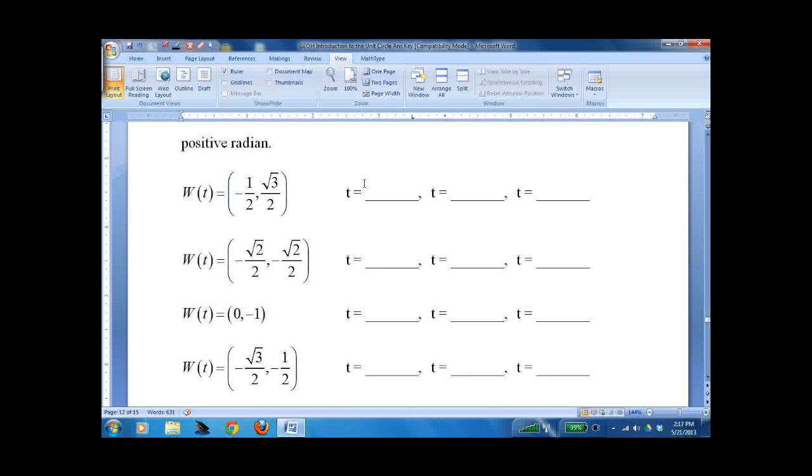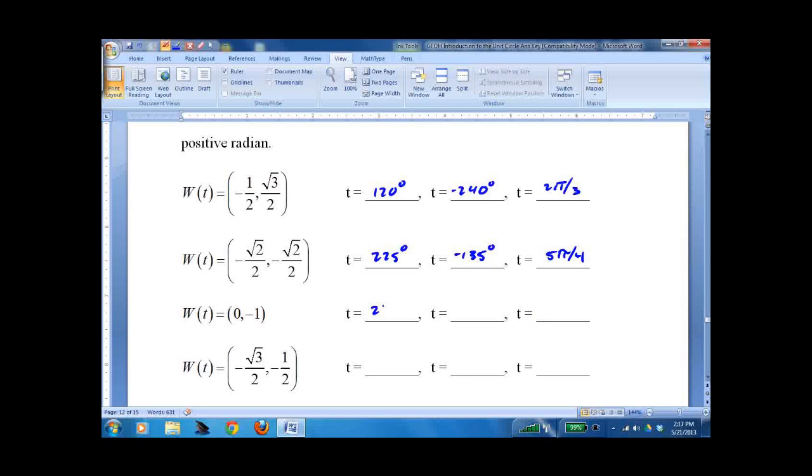So we're at 120 degrees, which is negative 240 degrees, which is 2 pi over 3 radians. Here we're at 225 degrees, which is negative 135 degrees, which is 5 pi over 4 radians.